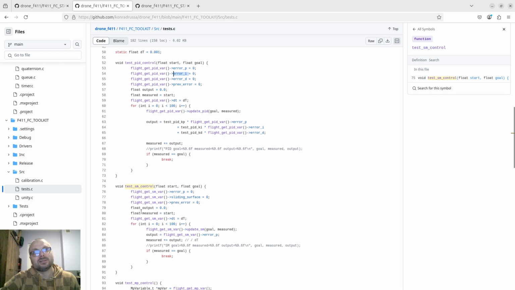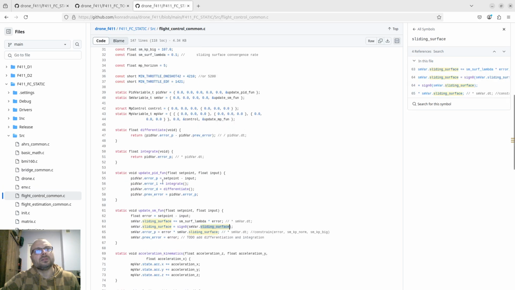Actually, the tests: to have the intuition and the feeling of how it works, with some starting and goal value, we are trying to approach the goal. The nice thing is that this structure has a pointer to the function update SM, and this update SM function uses the sliding surface function, and you can see that there is signum 0.